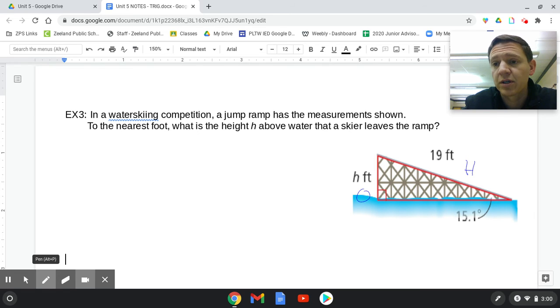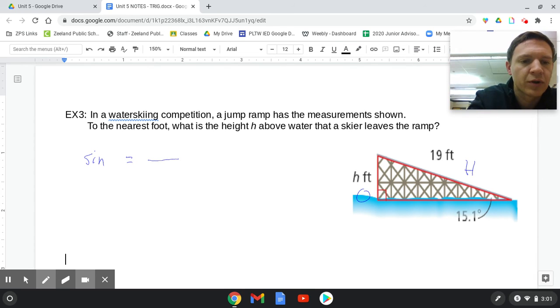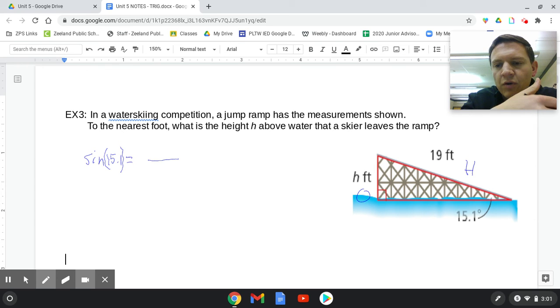Go back into your notes and look. It's sine. So the sine of an angle relates opposite over hypotenuse. In this case, we don't have to write theta. We have the angle, 15.1 degrees. So sine of 15.1. I like to put parentheses around the angle. Sine of 15.1 equals opposite over hypotenuse.